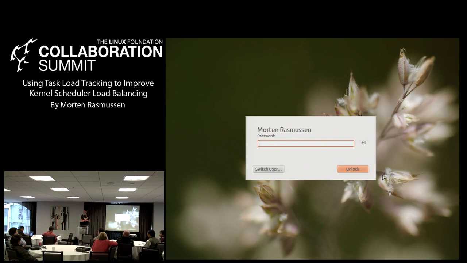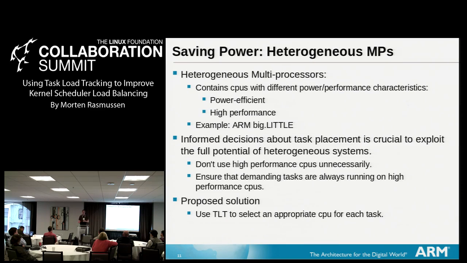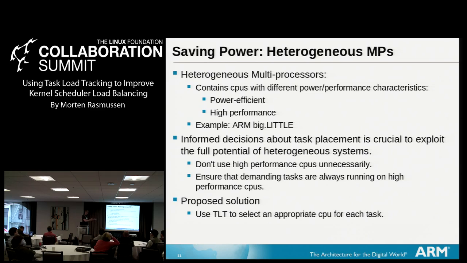Is it a BogoMIPS? Yeah, but it will be way off in many situations because it's not a fixed ratio. If you benchmark the A7 versus the A15, you can get more or less any number you want. So frequency is not the only difference between big and little, right? No, it becomes more complicated.